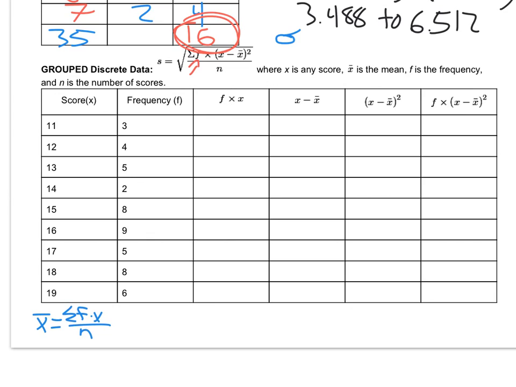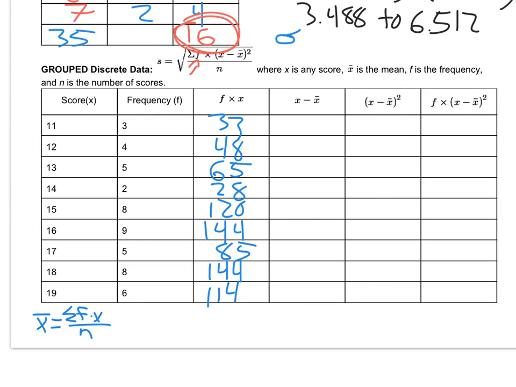So 11 times 3, that's 33. Then we've got 48, then 65, 28, 120, 144, 85, 144, 114.